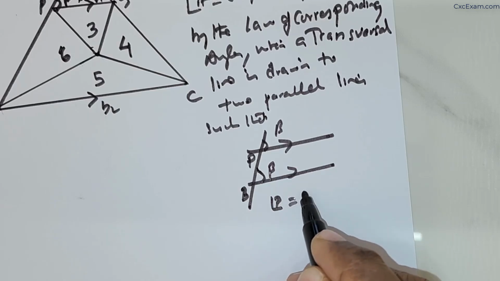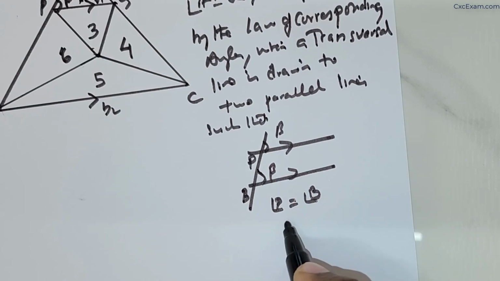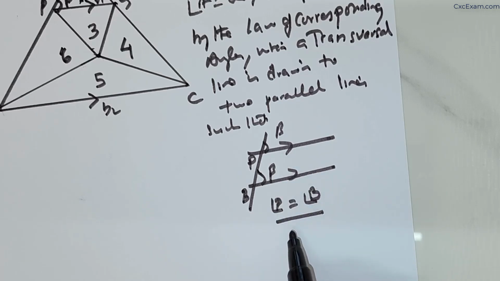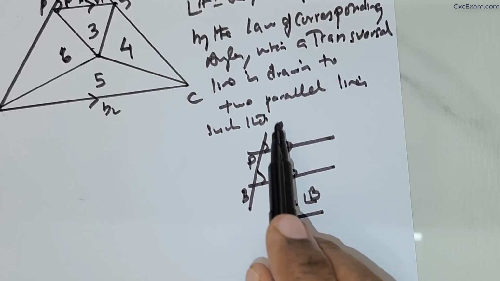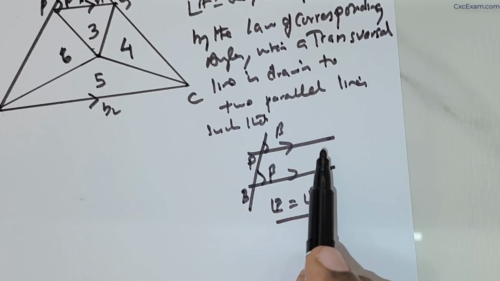So angle at P will be equal to angle at B. Okay. So this is a law of the corresponding angles.